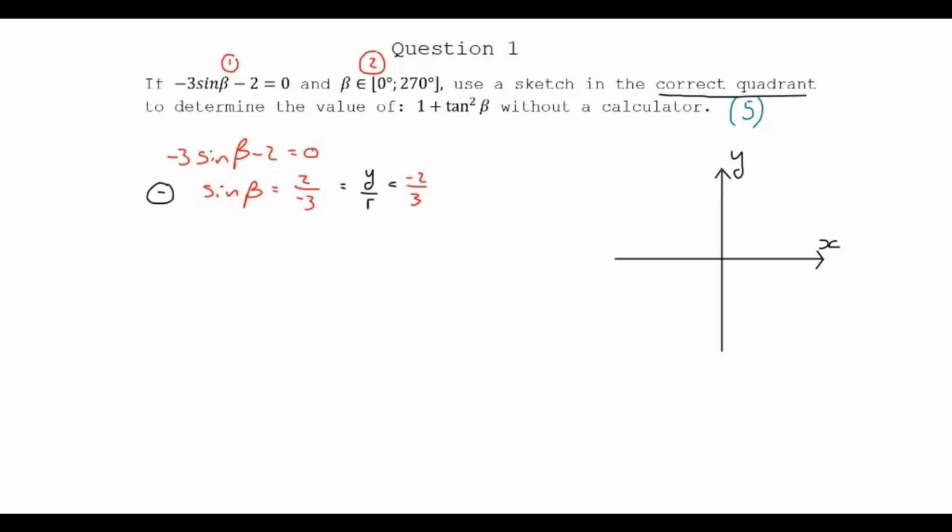Okay, and if we recall, we have the cast diagram that we use to summarize ratios that are positive on the Cartesian plane. And we recall, where is sine going to be negative? Well, sine is negative in quadrant 3 and quadrant 4. Now what else do we have? We have this limitation: beta is an element of 0 degrees to 270 degrees.